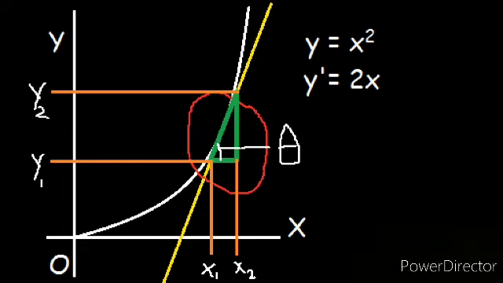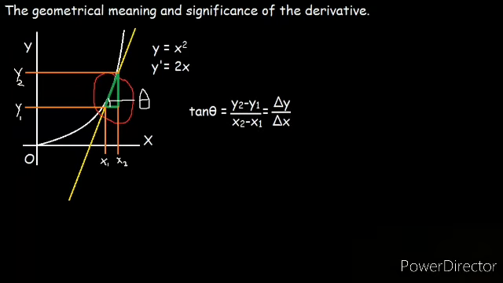Now slope is tan theta, and I told you that already, so that would make it y2 minus y1 upon x2 minus x1. So tan theta equals y2 minus y1 upon x2 minus x1. That equals change in y upon change in x, or average rate of change, if you remember from my previous videos.